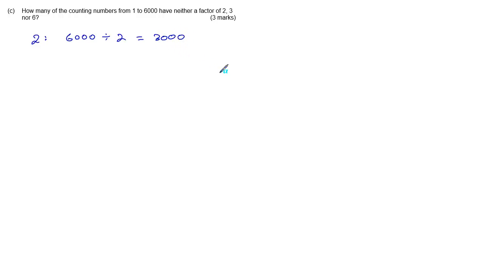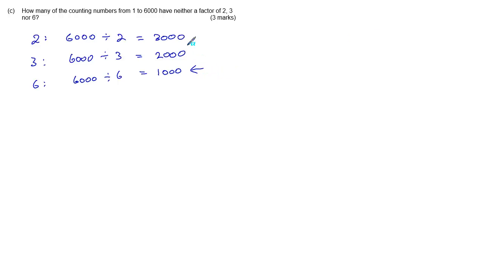So there are 3,000 that have a factor of 2. 6,000 divided by 3 is 2,000. So there are 2,000 which have a factor of 3. And 6,000 divided by 6 is 1,000. So there are 1,000 with a factor of 6.